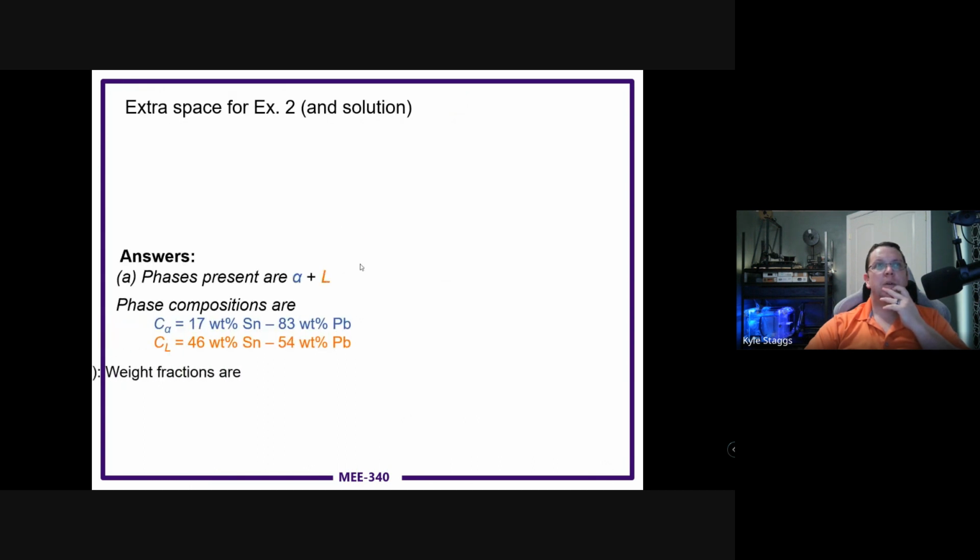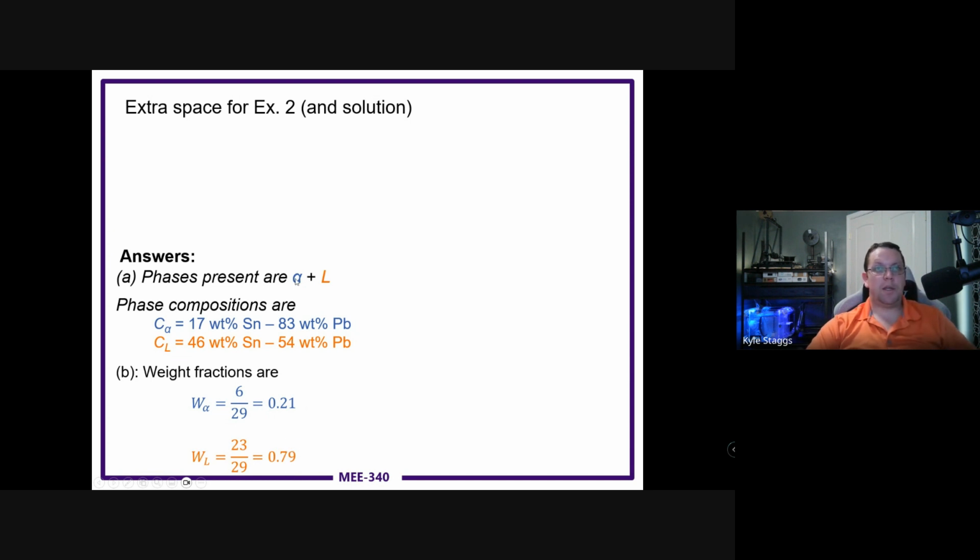There we go. So what we're looking for is this alpha. Our weight fraction of alpha is about 0.21. The weight fraction of liquid is about 0.79.